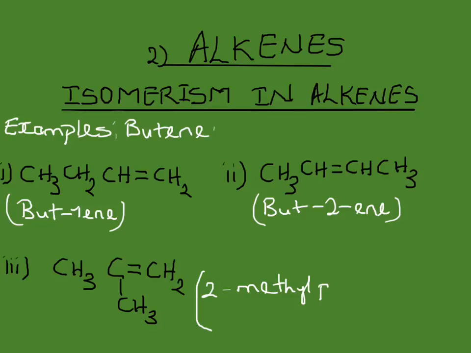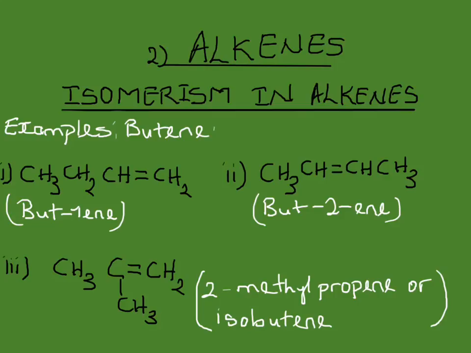The third one is showing 2-methylpropene or isobutene. Okay, if you take a keen look on your screen, you see that the isomers 1 and 2 are position isomers, whereby at Roman figure 1, the double bond is at carbon 1, and at Roman figure 2, the double bond is at carbon 2.